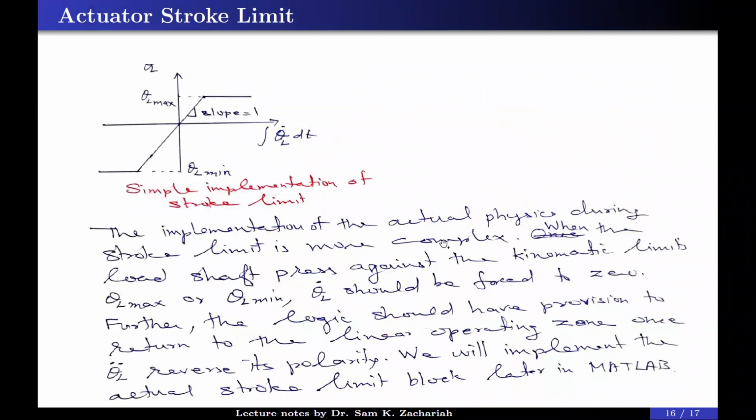Yeah. Now the other limit is the actuator stroke limit. This actuator stroke limit, I have started explaining using our PS4 engine gimbal control system.